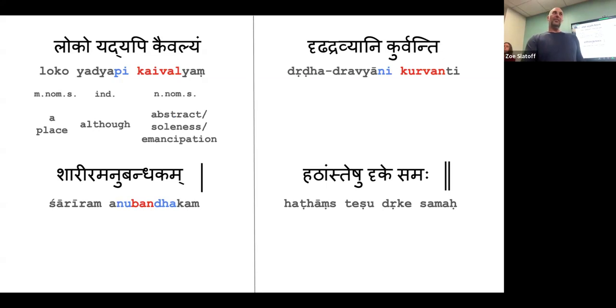So even though this place, this white hole, is abstract, it's kind of alone, not material, it is connected to anubandhakam shariram, the body. How is this connected to the body?